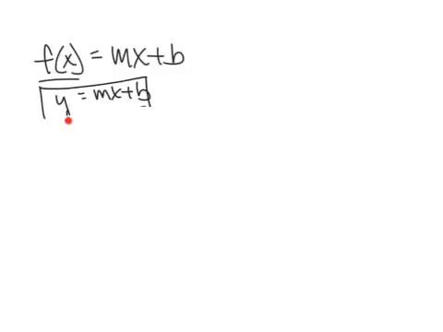If we have an equation that looks like this, okay, and notice, again, we have our y or our f of x over here, so that's okay, they're not multiplied, but we have an exponent. When you have an exponent that's not a 1 on one of the letters, it is not a straight line.